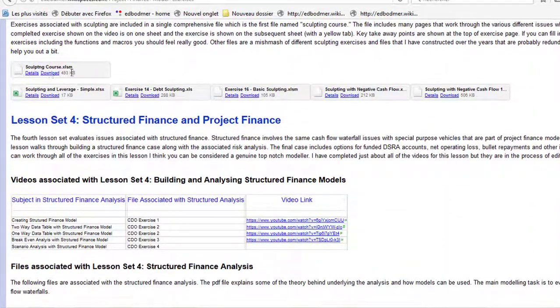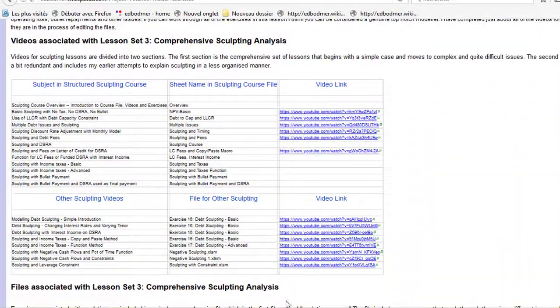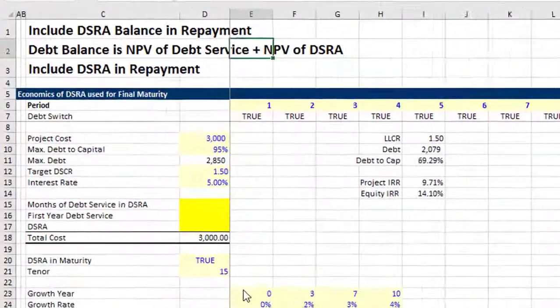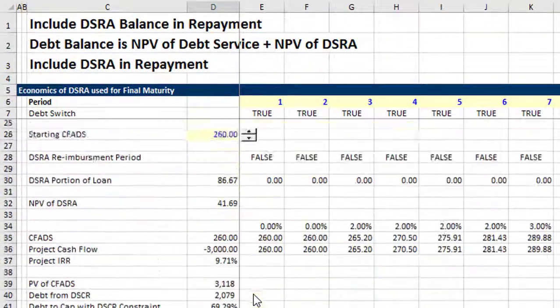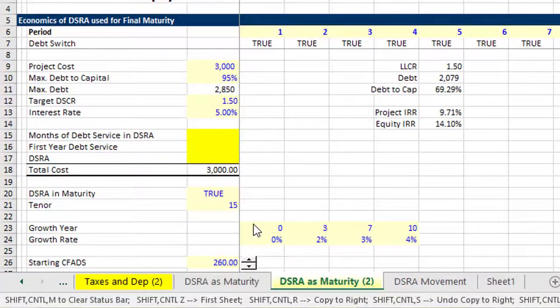It says sculpting course, but this will be called sculpting course final. Then you open that, and you have a completed version, and this model version that has the exercises.